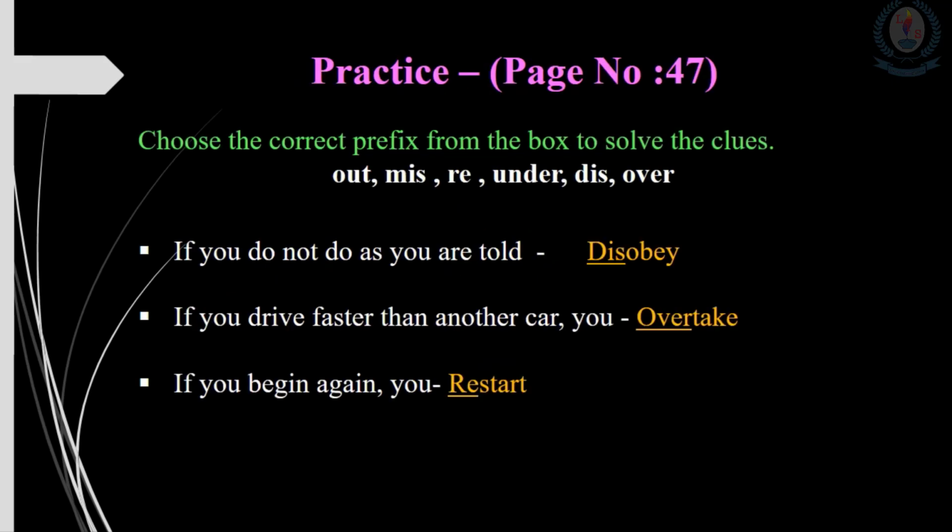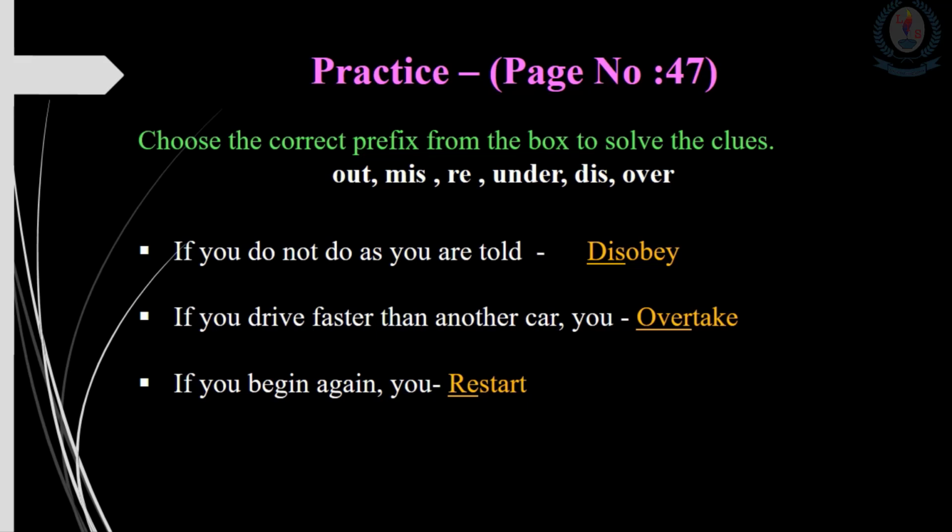Okay, now let's move on to practice on page number 47. The question is choose the correct prefix from the box to solve the clues. Given prefixes are out, mis, re, under, dis and over. Clues are: if you do not do as you are told, we say you disobey.